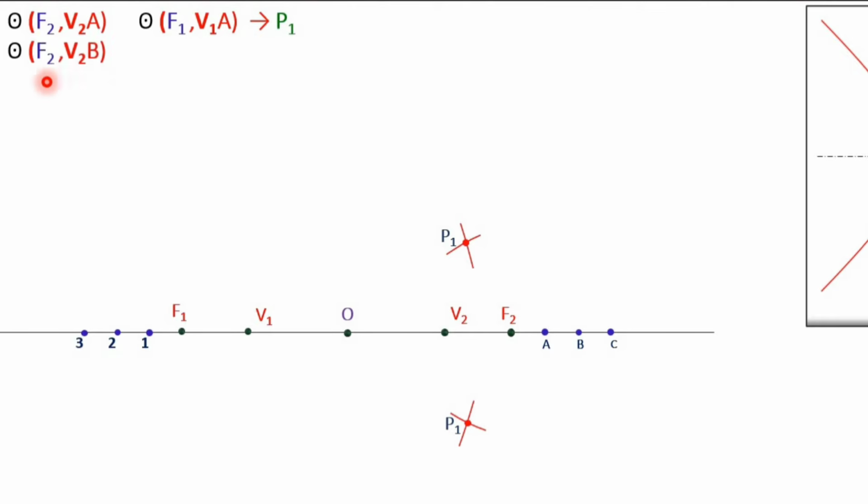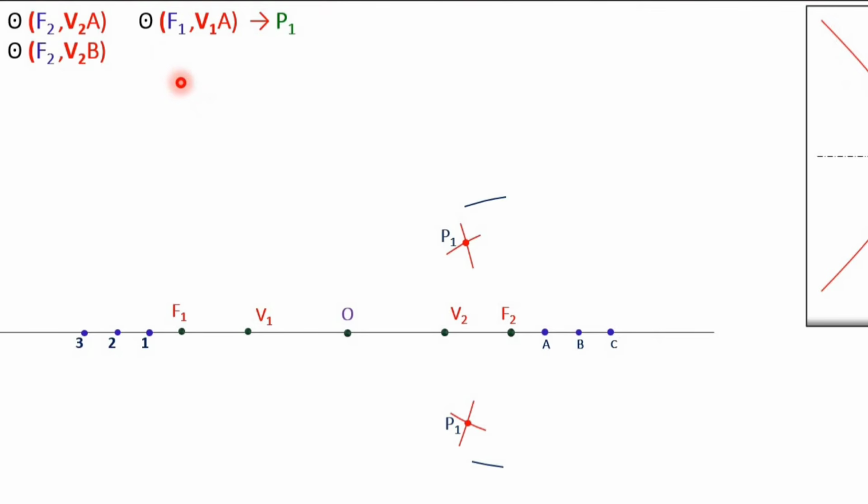Similarly, now you can understand, you have to change only the radius. Instead of V2A, now it is V2B. So once again set the radius as V2B, draw the arc with F2 as the center, on both sides of this horizontal line.